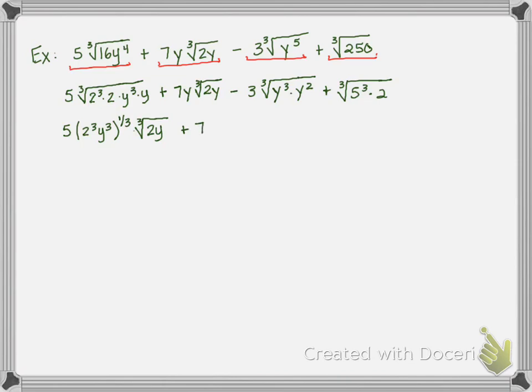So plus 7y times the cube root of 2y minus 3. So we have y to the 3rd to the 1/3 power. And then again, the cube root of y squared isn't going to simplify, so I'm just leaving it as a radical. And then 5 to the 3rd to the 1/3.